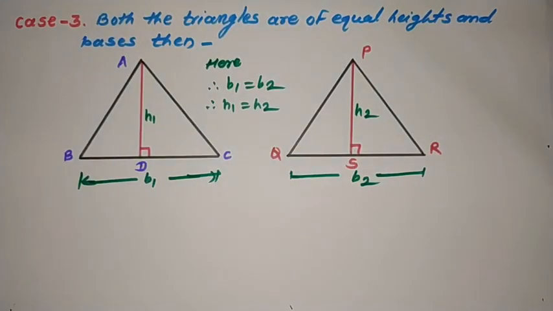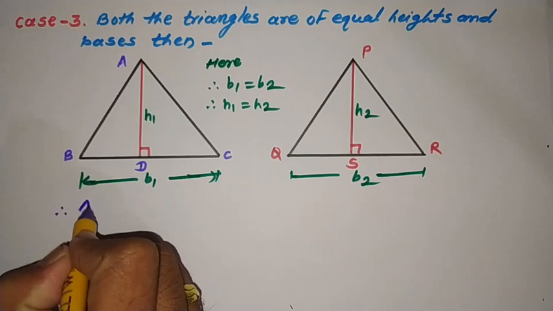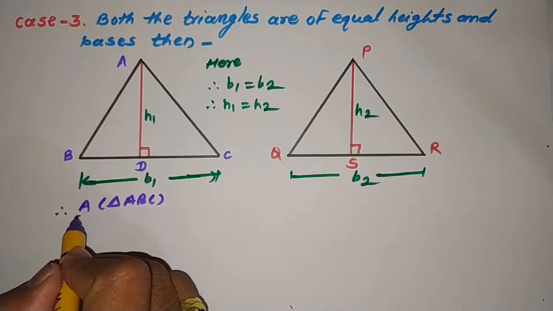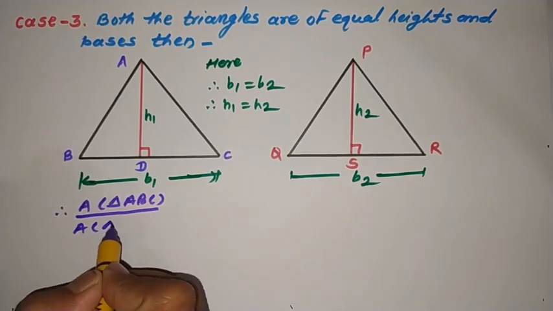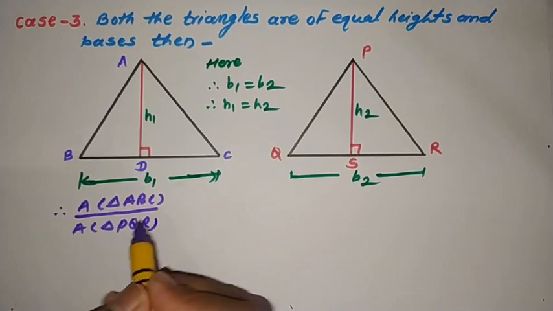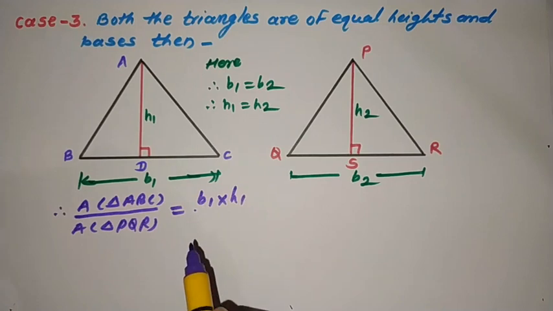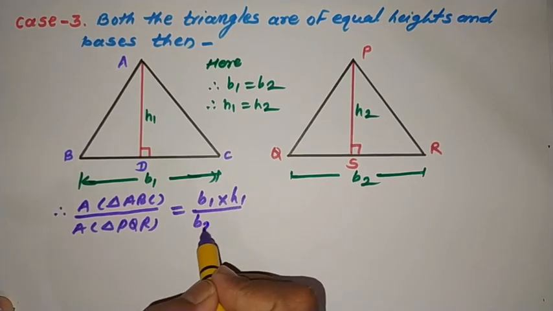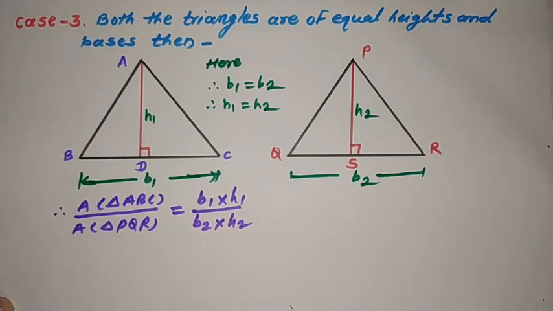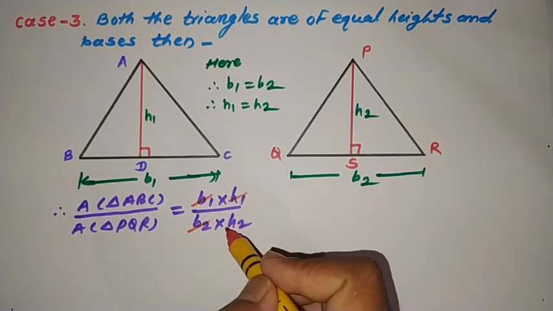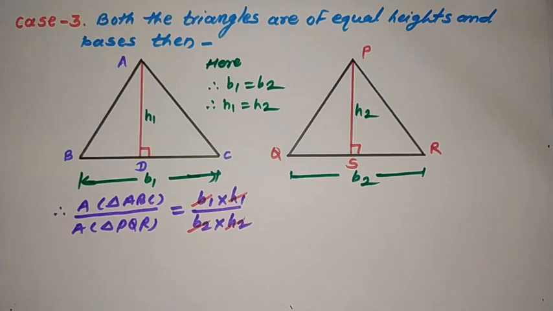Write down the area of two triangles: area of triangle ABC upon area of triangle PQR is equal to B1 into H1 upon B2 into H2. Here the heights and bases are equal, cancelling base into base and height into height.